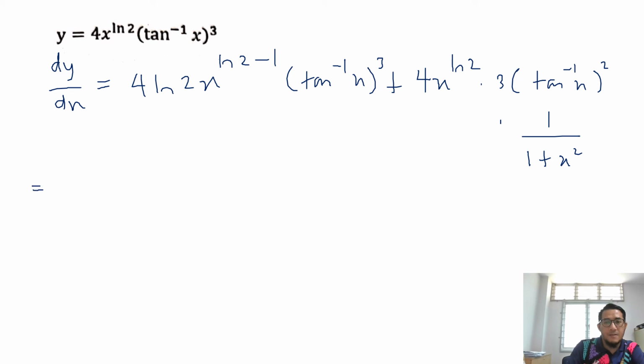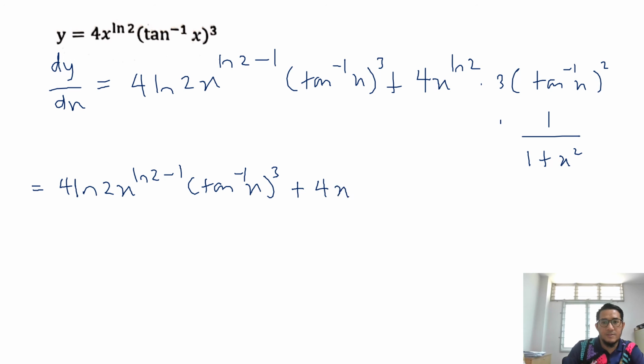We get 4 ln 2 times x to the power of ln 2 minus 1 times tangent inverse of x cubed, plus 12x to the power of ln 2 times tangent inverse of x squared over 1 plus x squared.